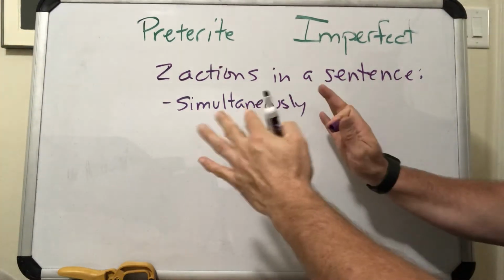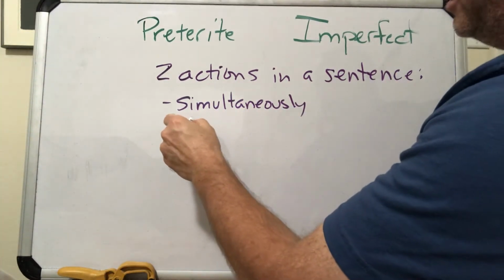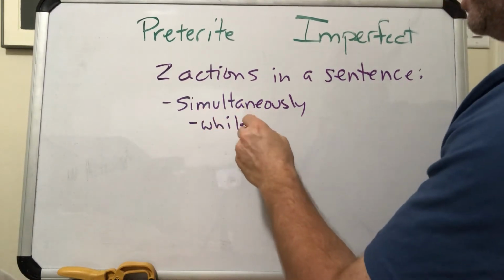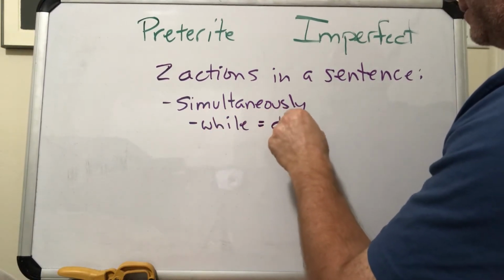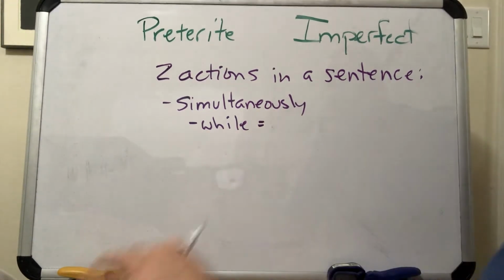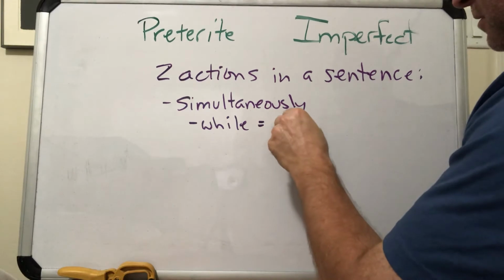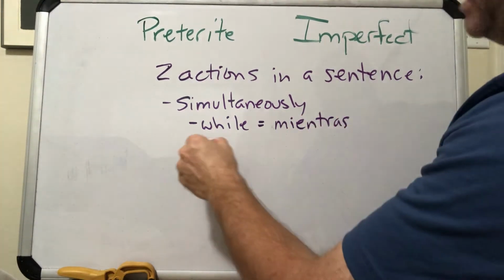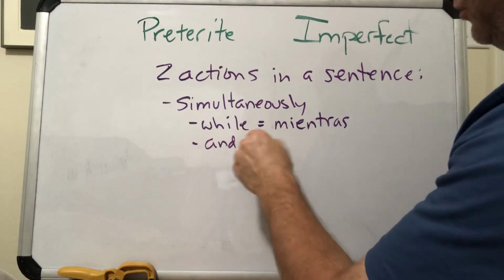They're both going on, and you're going to see words like while, which is durante. No, sorry, that's during. It's mientras. You'll also see the word and.